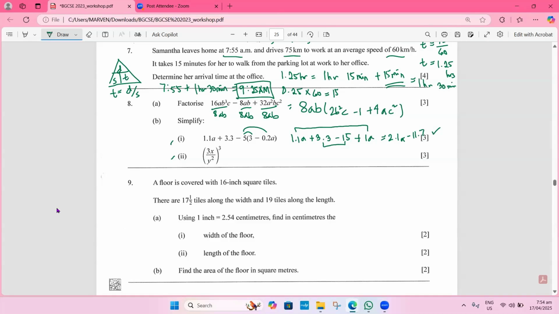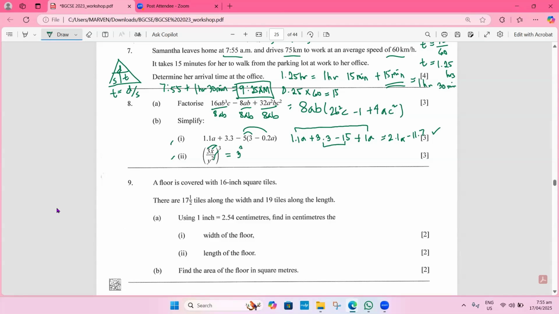How about double I? How are we going to simplify the quantity 3x over y squared, to the third power? We'll use the product to a power. That means you need to distribute the exponent to each coefficient and variable inside, both in numerator and denominator.